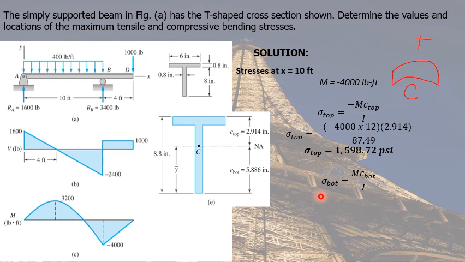For the bending stress at the bottom of the beam, we have m c bottom over I. Substituting our values, we get the bending stress at the bottom of the beam equal to negative 3,229.26 psi, which is expected because for a negative moment, the bottom of the beam is under compressive stress.